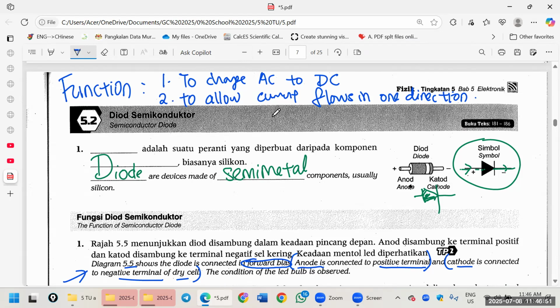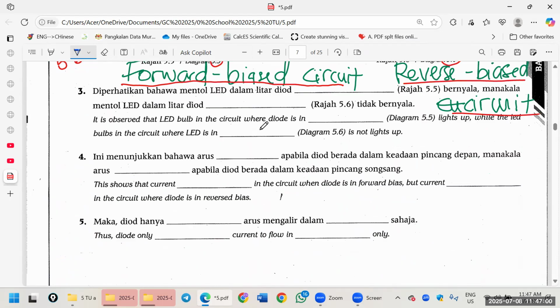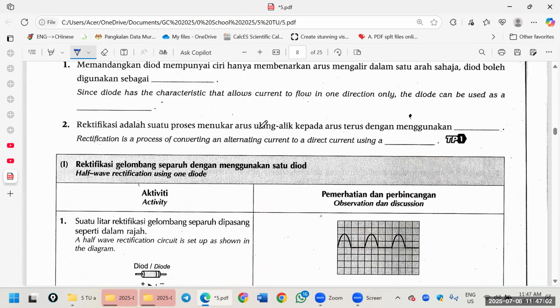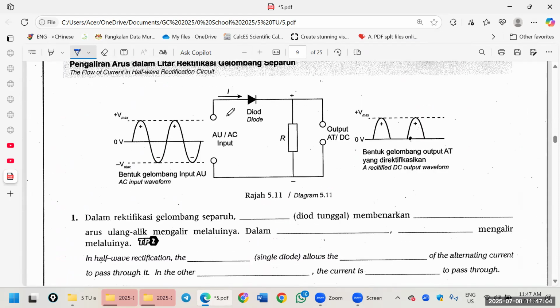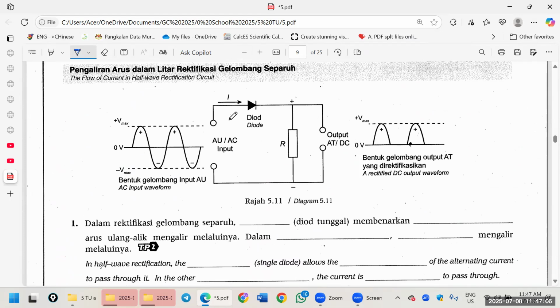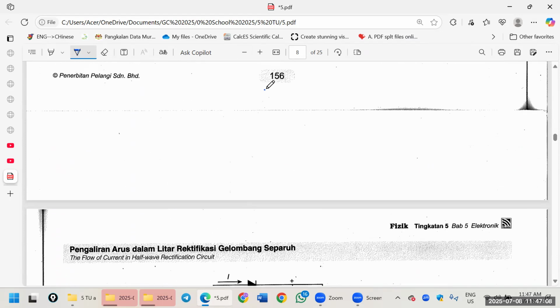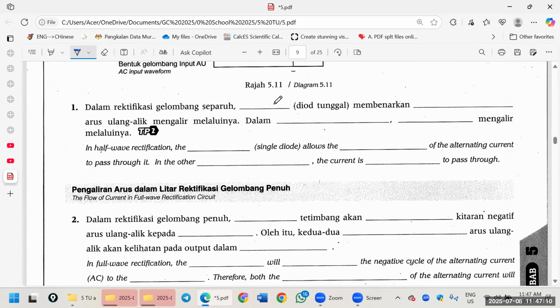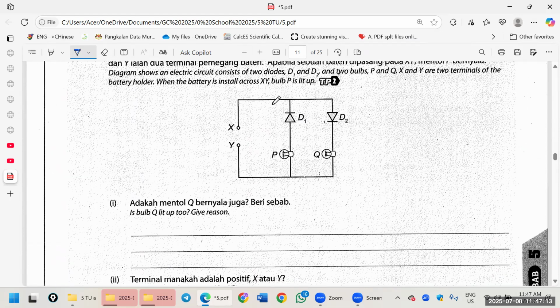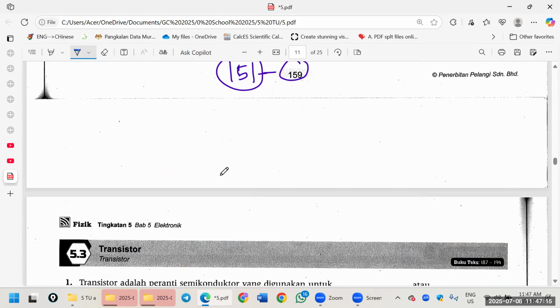Okay, we still have around 10 minutes. Within these 10 minutes, you must be able to recognize the pattern of rectification. Okay, now we skip 156 first.